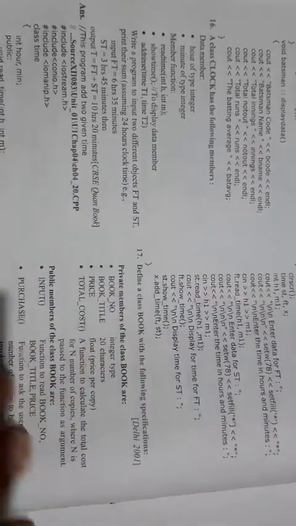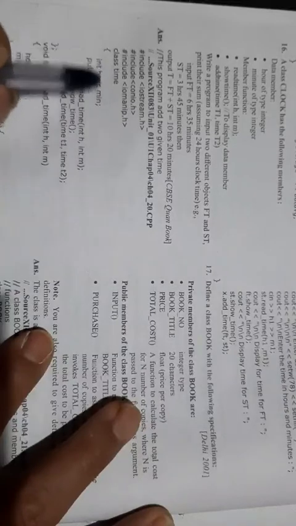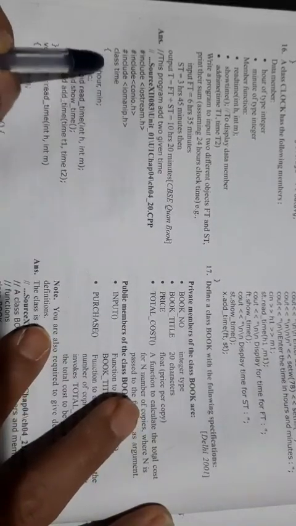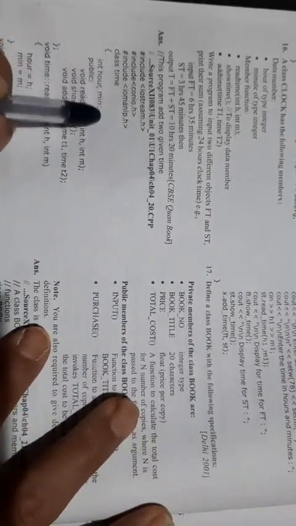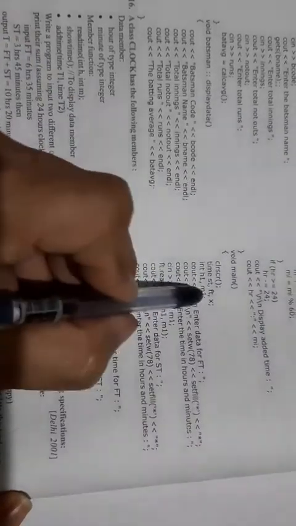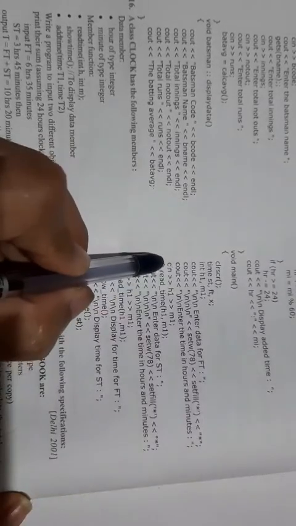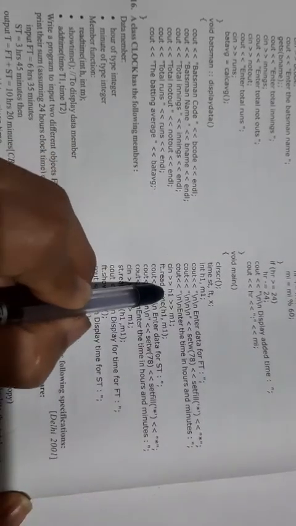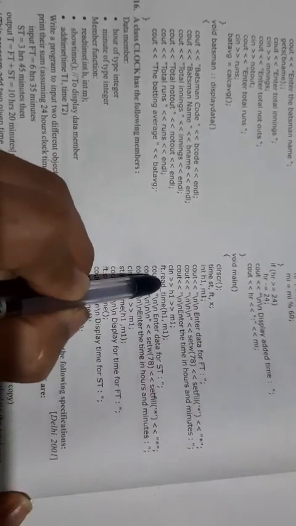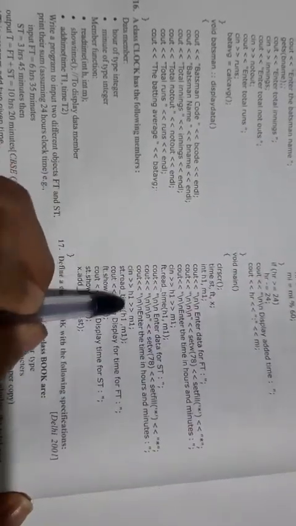Now if suppose this data member was public, then we don't need to execute all these statements. Instead what we can do is that directly the object can access the data members. So instead of writing down all these lines of code, we can just write here ft.hr equals to, ft.min equals to, and then st.hr equals to, st.min equals to.